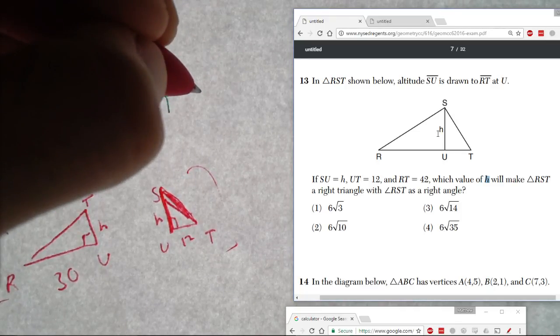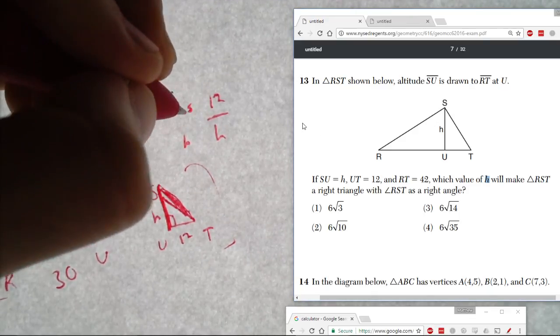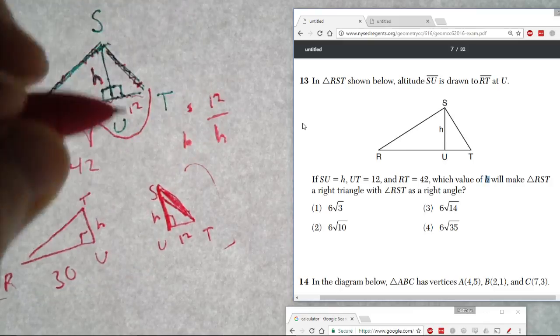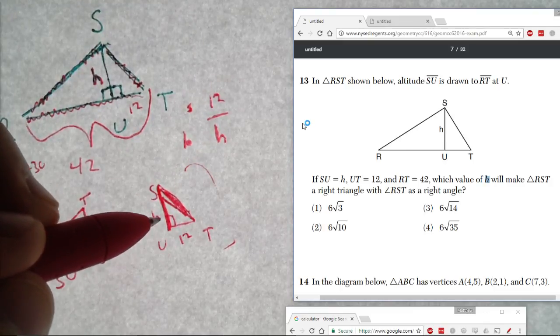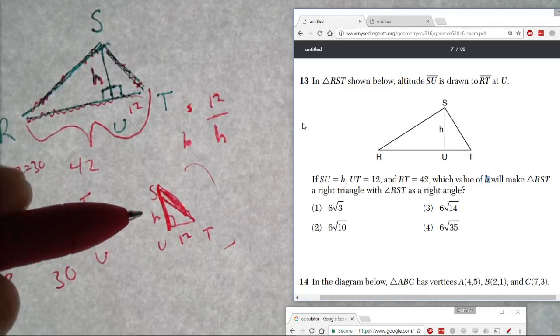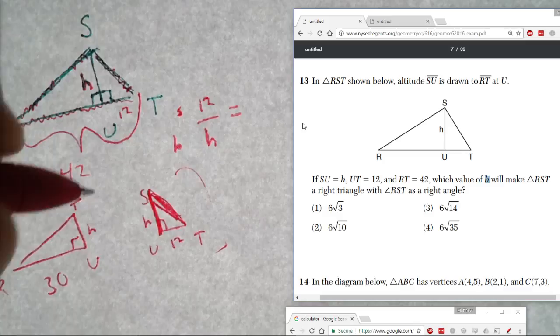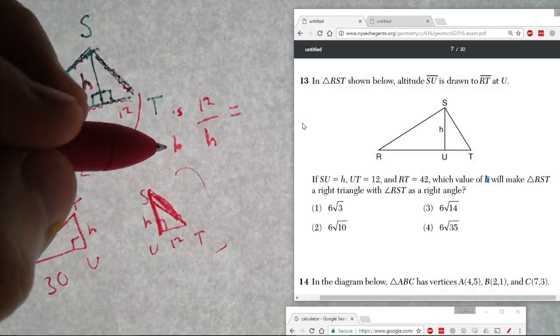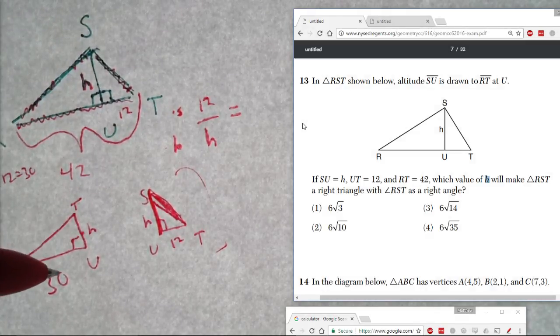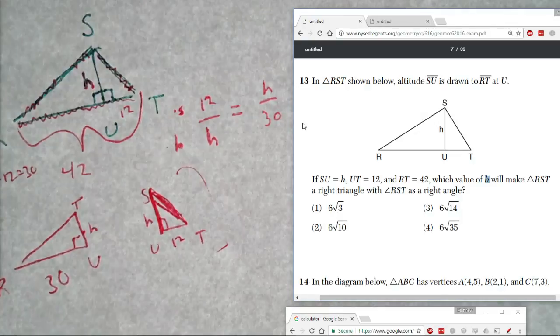This is my small over my big. So this is the small side of my small one over the big side of my small one. And if these triangles are similar, then this fraction should be equal to the same thing, small over big, so h over 30.